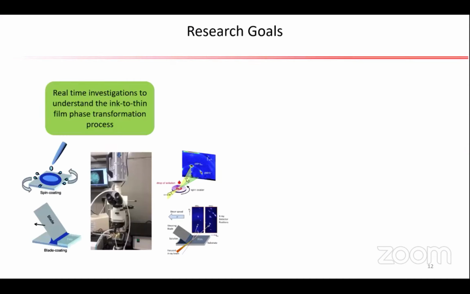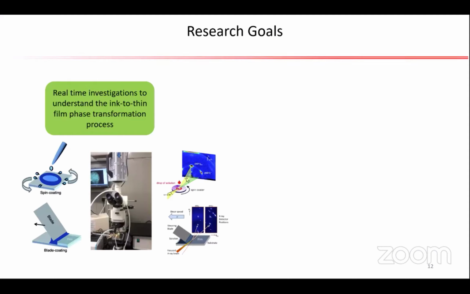With this background, when we started this research 4 or 5 years ago, the plan was to understand this phase transformation process, because at that time there was no study or data available to provide the knowledge to dictate the solid state structure by understanding the ink to thin film phase transformation of organic small molecule semiconductors.